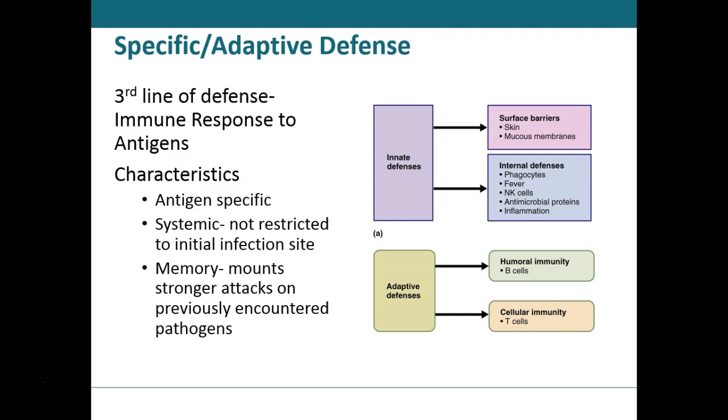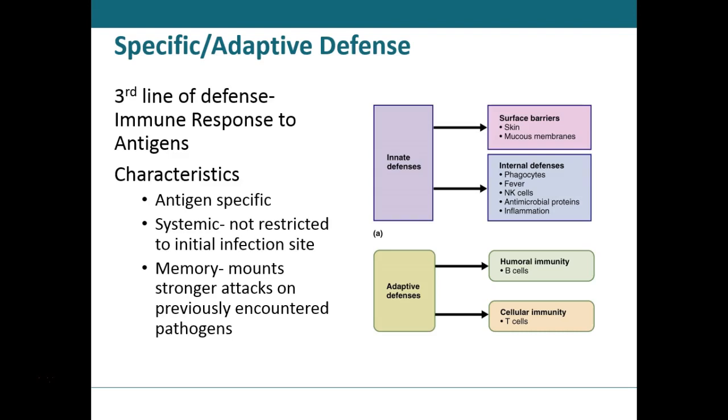Two properties distinguish specific or adaptive immunity from innate immunity. One is specificity for a particular foreign molecule or antigen. So this also involves distinguishing self from non-self molecules so that the immune system can respond to pathogens and not to self cells. And the second characteristic that is different is memory.